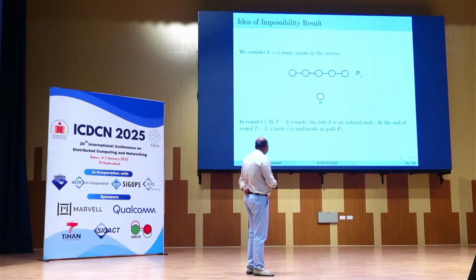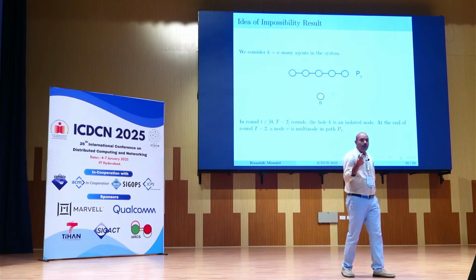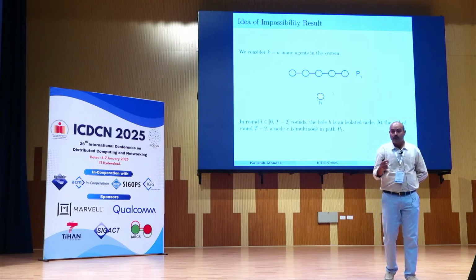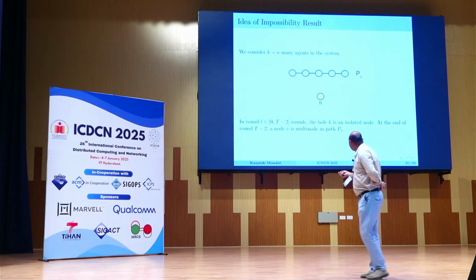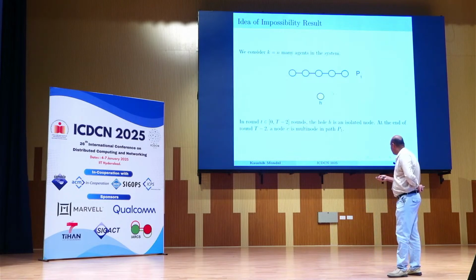So here what we are doing: since initially it is undispersed, at least one node will be there where there is no agent. So we say that okay, you keep this node apart, and then in 0 to T minus 2 rounds, you keep all other nodes in a path, they are connected.